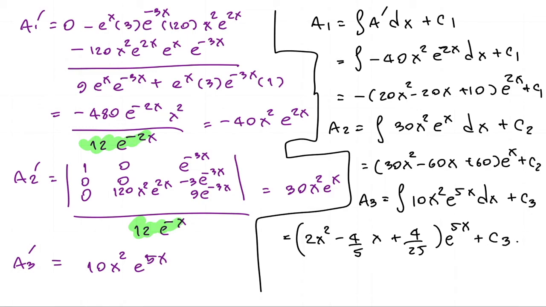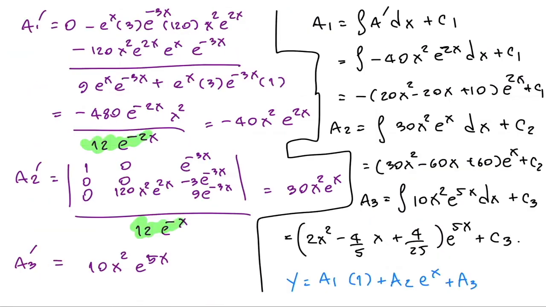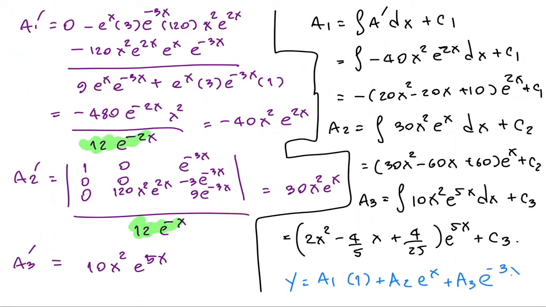Okay, once you have a1, a2, and a3, you know that the solution y is a1 y1, which is 1, plus a2 y2, which is e to the x, plus a3 y3, which is e to the minus 3x. Okay, just substitute a1, a2, and a3 into the solution.